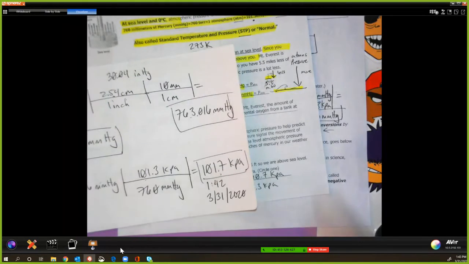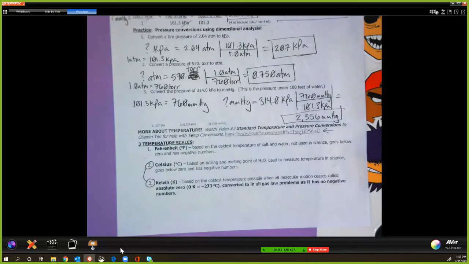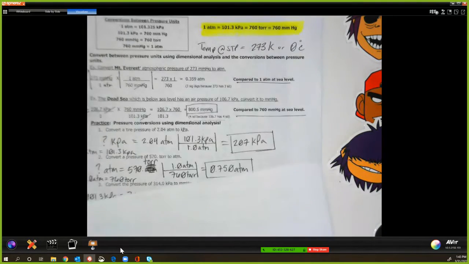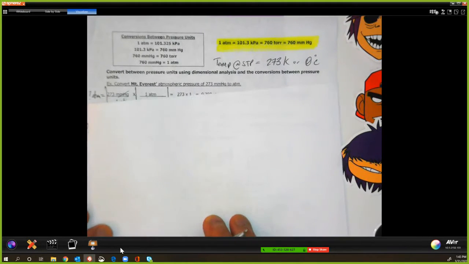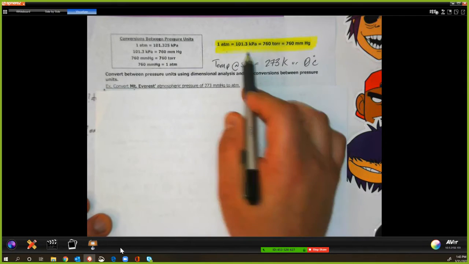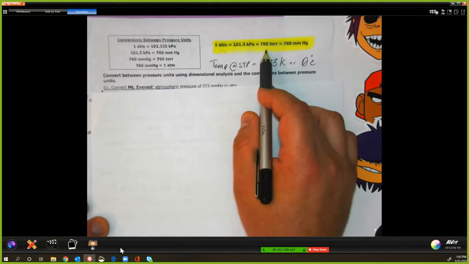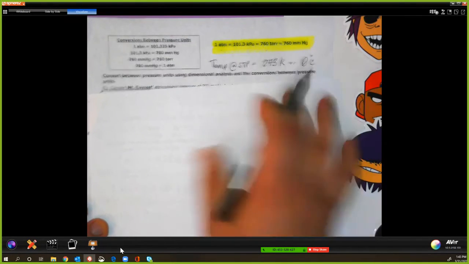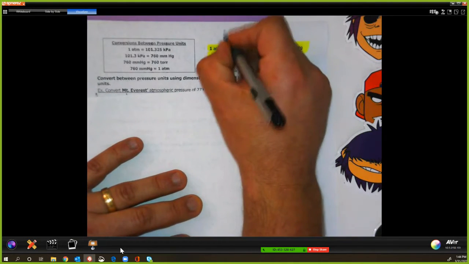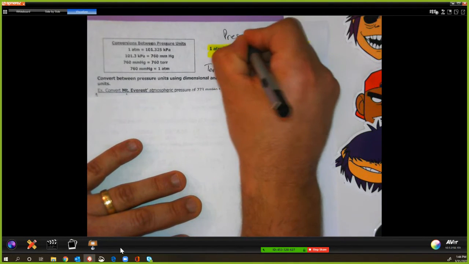So you can do that little conversion every day by asking Siri what the pressure is for the day, and do your dimensional analysis. Okay. So here they're just using these conversion factors. That 1 atmosphere is equal to 101.3, 760 torr is equal to 760 millimeters of mercury. They're all units of pressure.